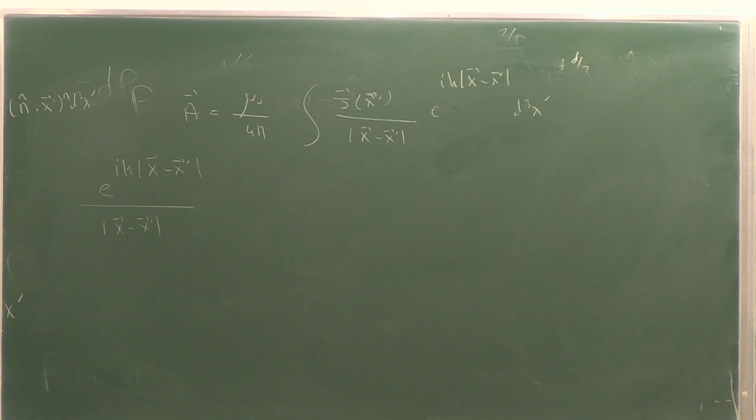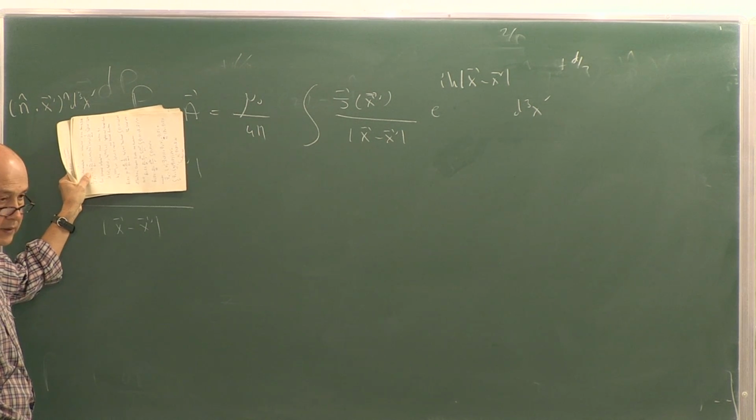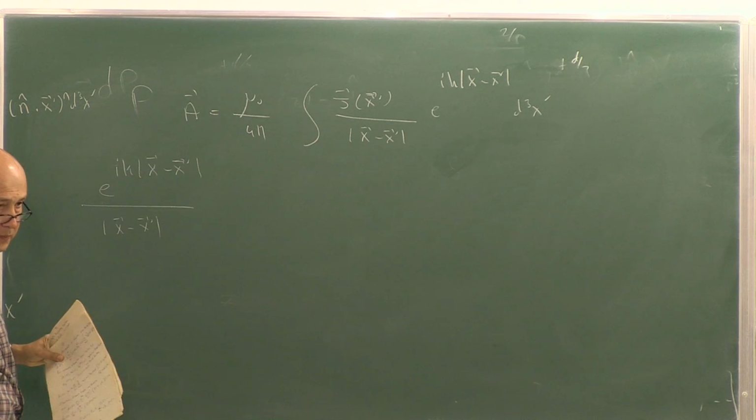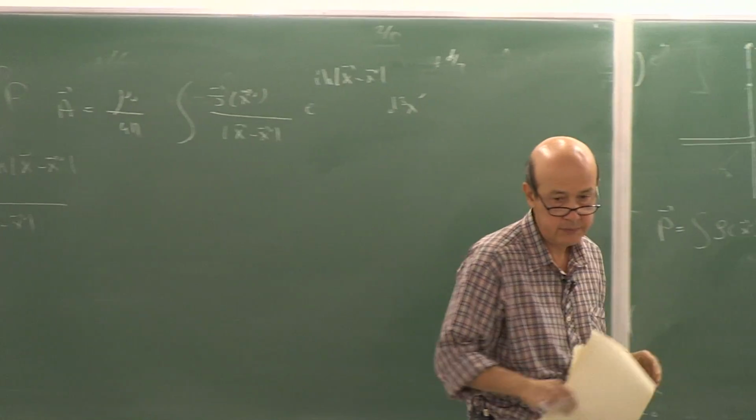You know the expansion of 1 over x minus x prime from the first part of the course in terms of the spherical harmonics.